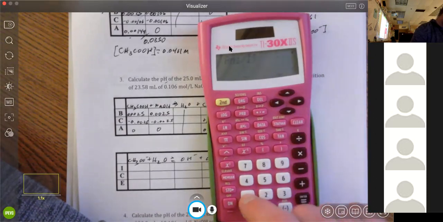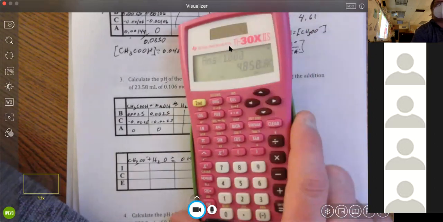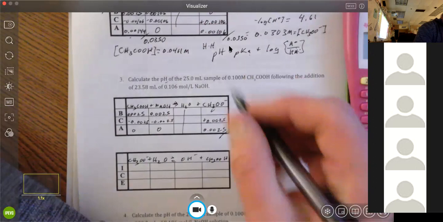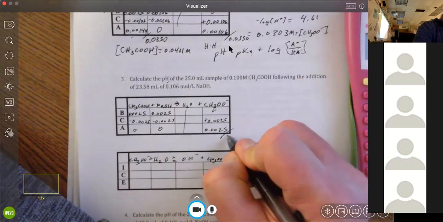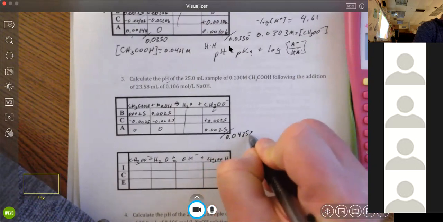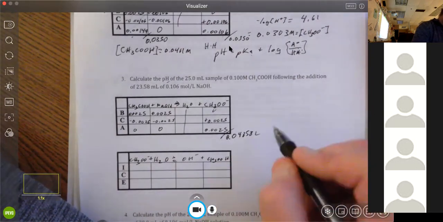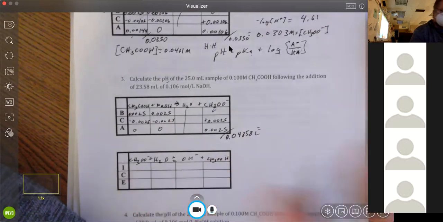We're going to divide that by 1,000, and I think you get the idea. That's going to be 0.04858 liters. And that will give us that concentration that we start this whole ice table off with.